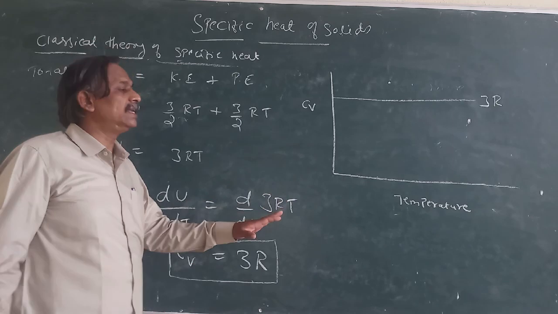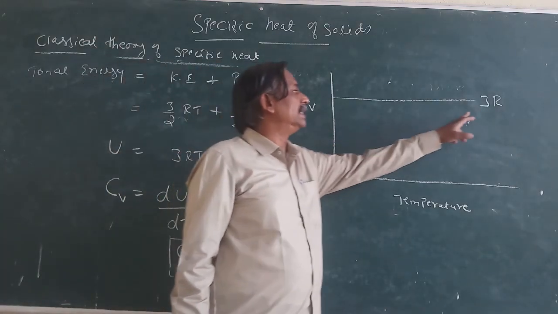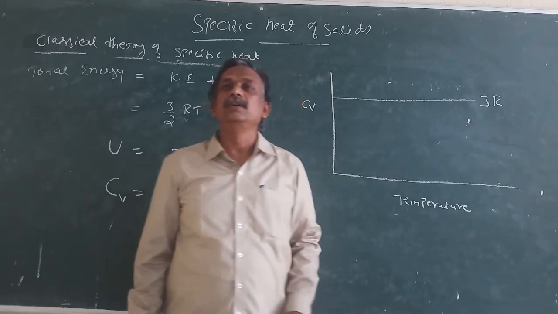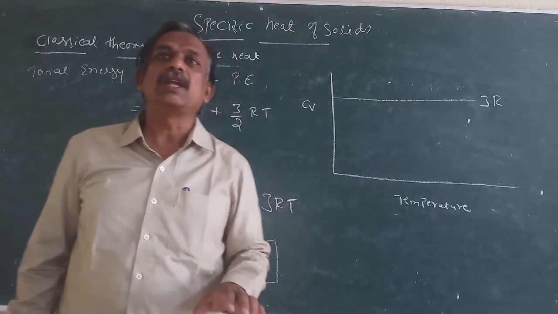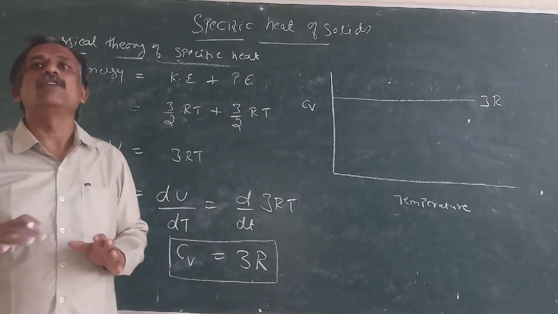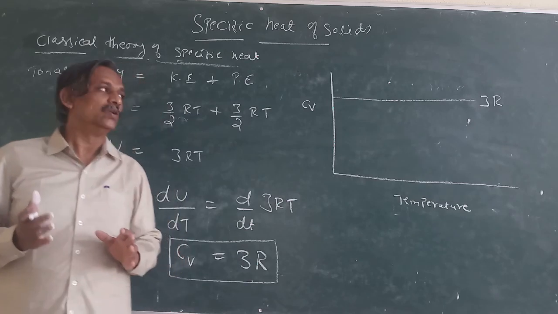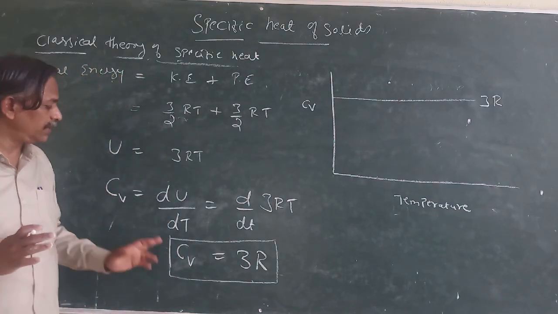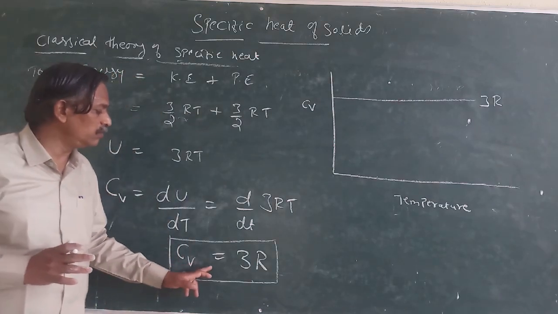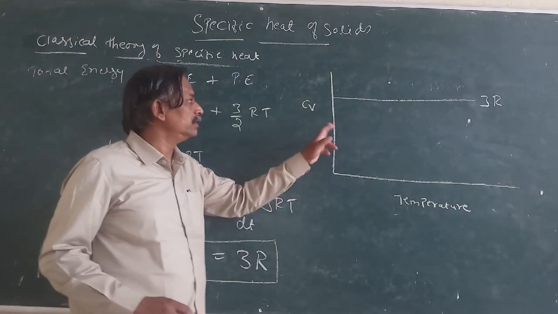So at whatever temperature we measure the specific heat, it will be constant. But it is not true. Whenever we measure specific heat at different temperatures for different metals or elements, the specific heat changes. But according to classical theory, the specific heat at constant volume is equal to 3R, and the graph will be in this fashion.